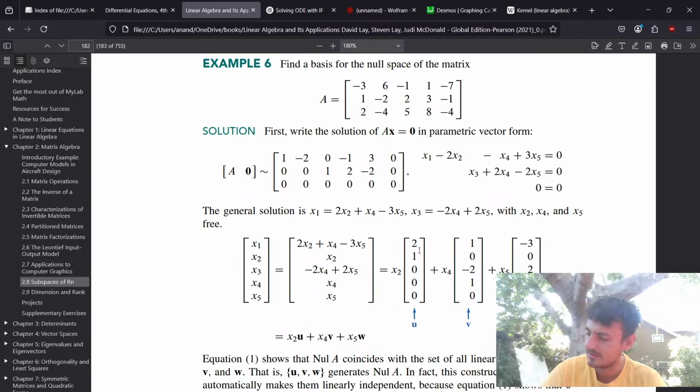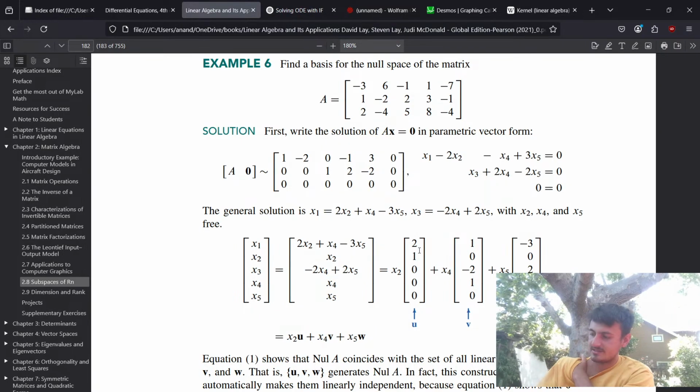Oh yeah, I remember. It becomes 2 1 0 0 0. Because if x1 equals 2x2, then whatever x2 is, you multiply that by 2 to get x1.